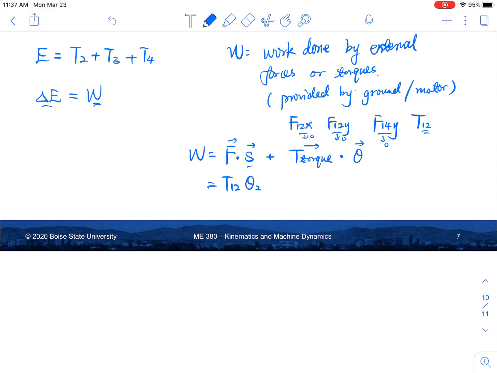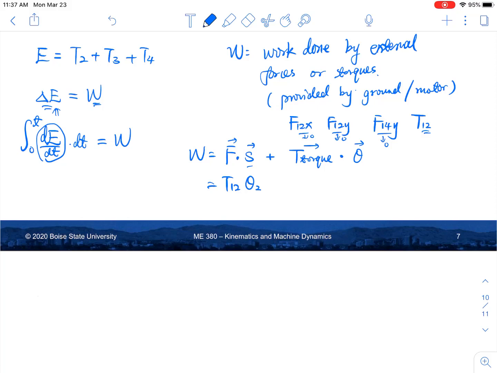But it's really hard to find the delta E, because your delta E is an integration from 0 to T of the changing rate of your energy, which equals W. If you integrate this changing rate over time, that gives you the total energy variation within this time period.